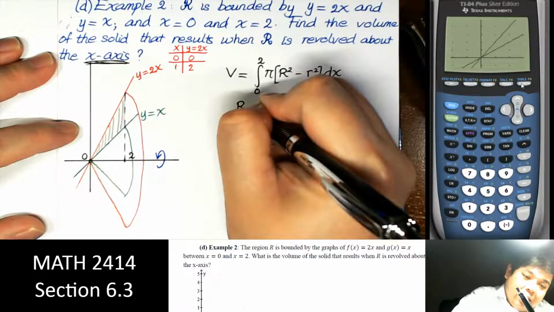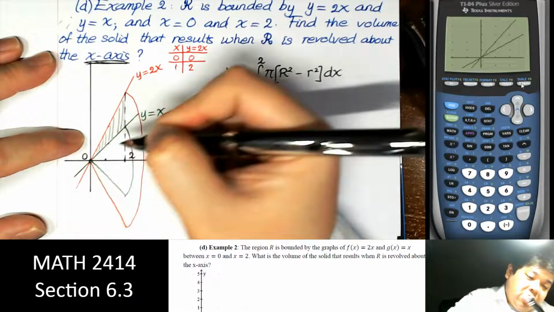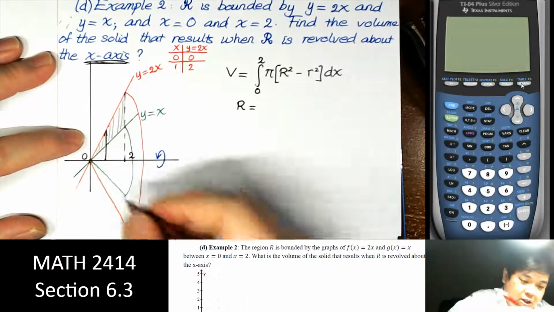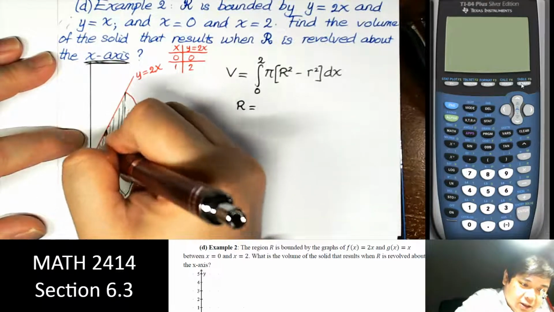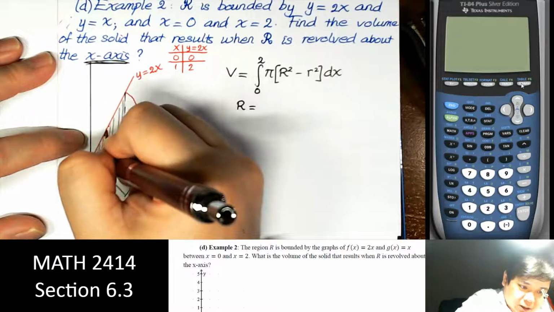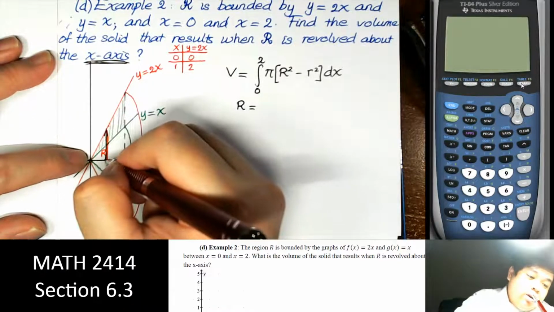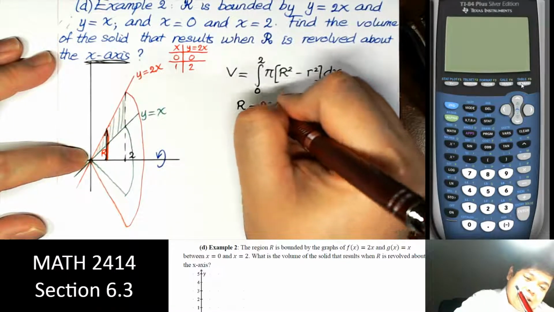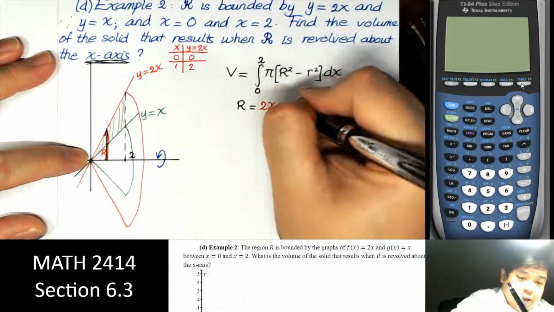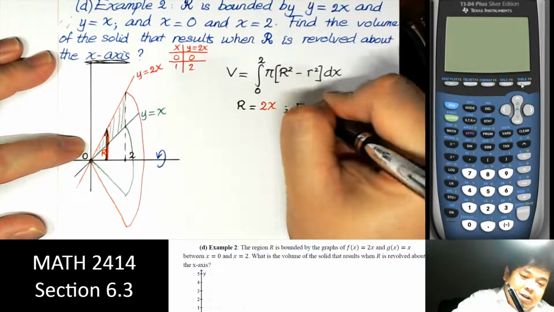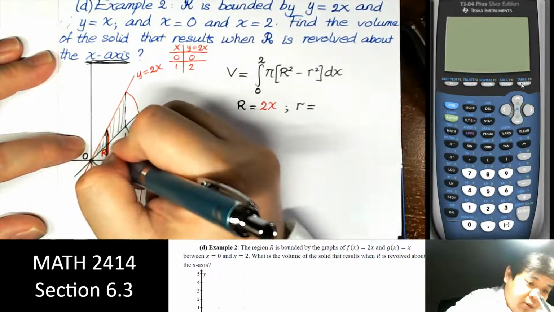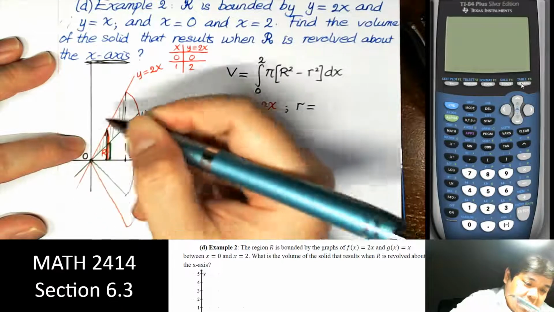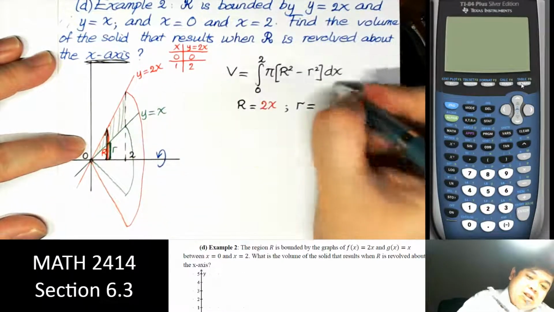Now we just need to determine the big R. The big radius is from the axis of rotation to the outer edge. So obviously this is going to be the big R, going from 0 to the function 2x. So that's just 2x. And the little r is from the axis of rotation to the inner edge, which is just x.